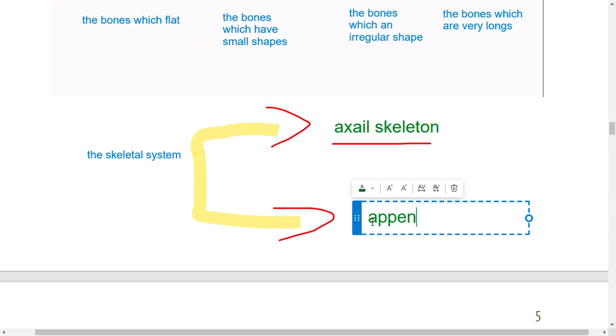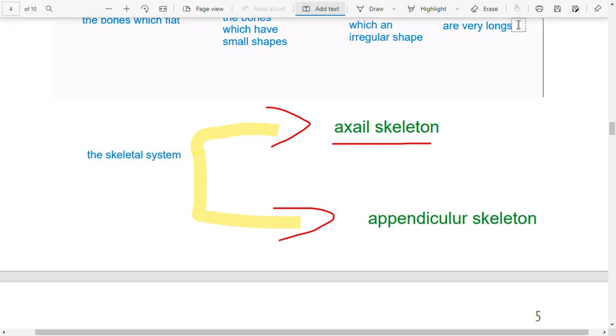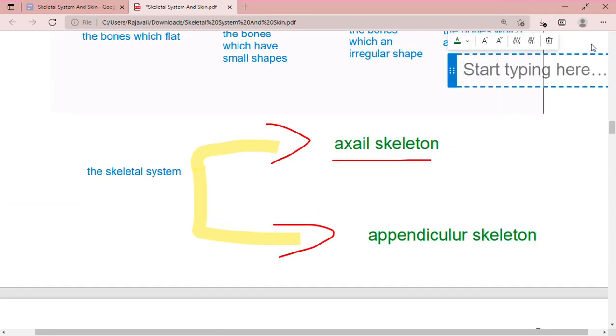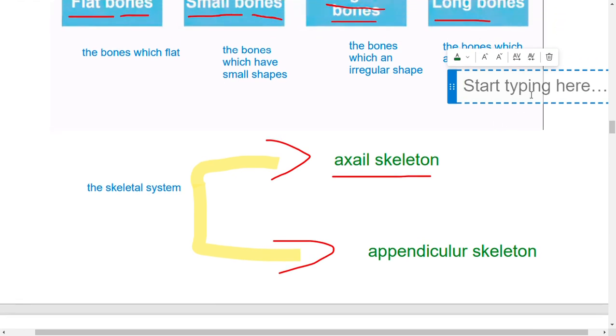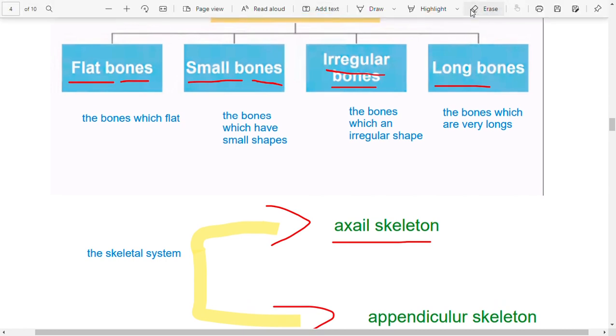Now the second, we are going to learn about the appendicular skeleton. In the appendicular skeleton, we have the bones which do not belong to the central vertical axis.